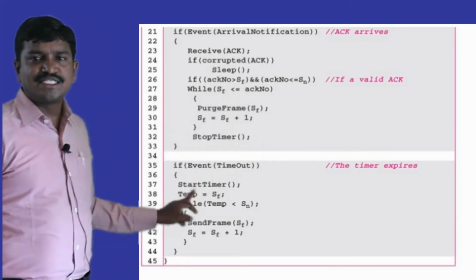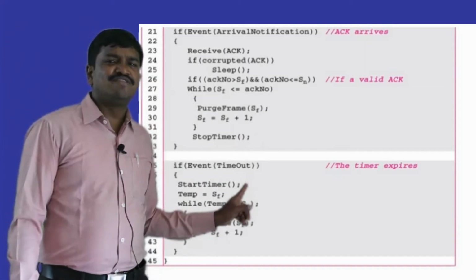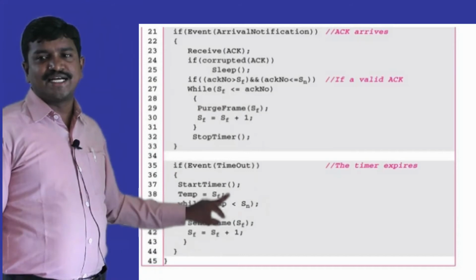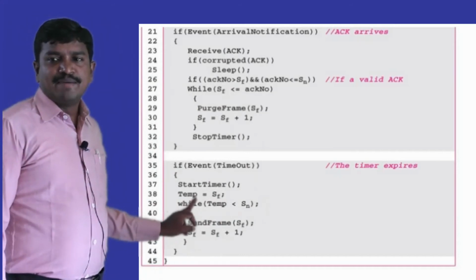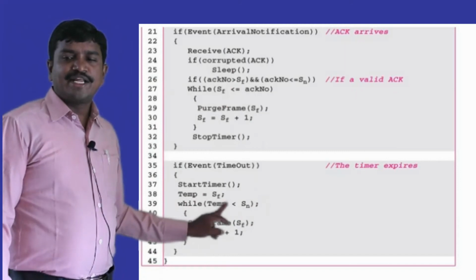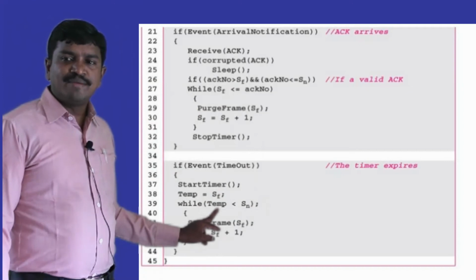And the third event is timer expired. So we are waiting for the acknowledgement, but no acknowledgement is received within time. Then it is going to start the timer for a second time, and the first outstanding frame is saved in a temporary location. Then it is going to send all the frames.